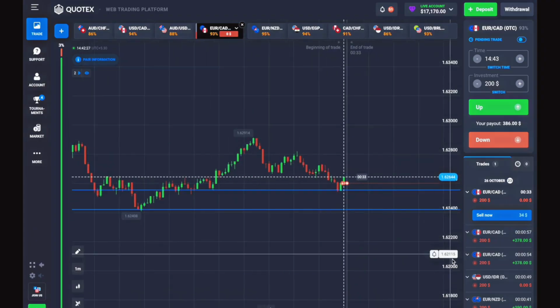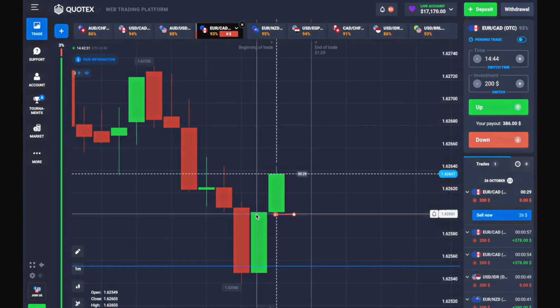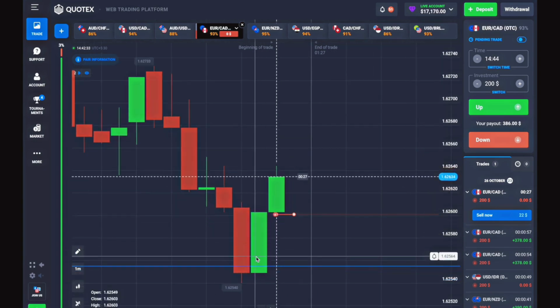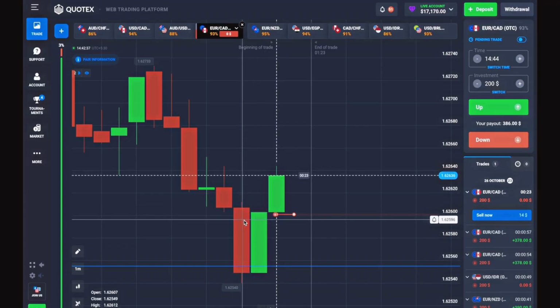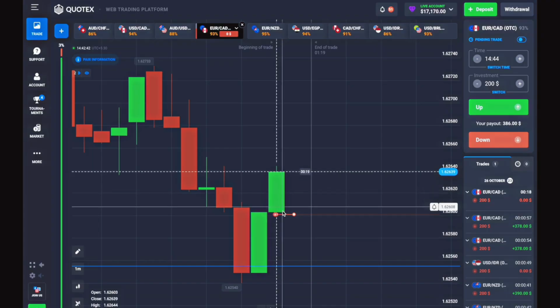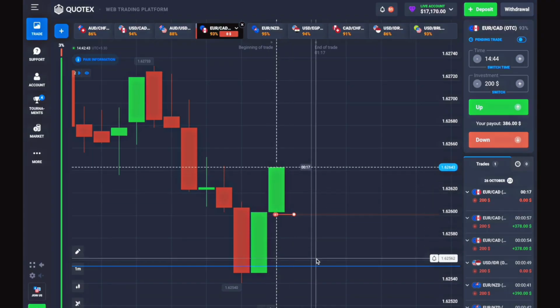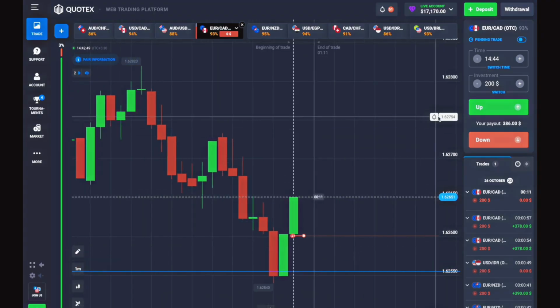That's why I have only taken one trade. Here I'm planning to go for a one step martingale, because I was fully aware that since this green candle has not covered this red candle and it was a candle without any wicks, there was equal probability of forming one more green candle, which is why I took only one trade.